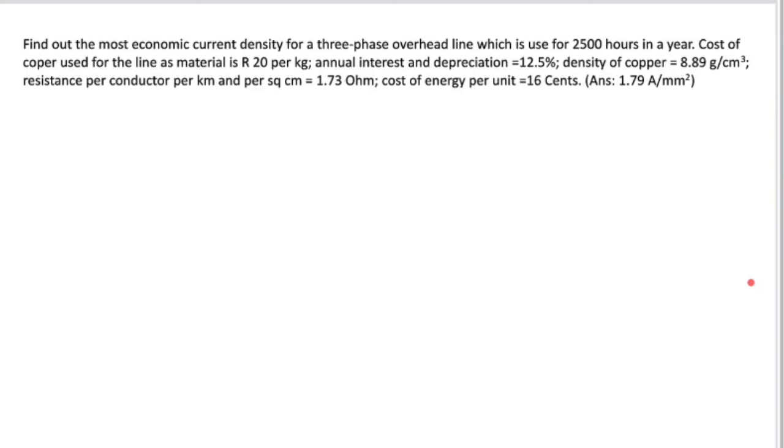The cost of copper is given as 20 rand per kg, annual interest rate and depreciation given, density of copper is given, 8.89 gram per centimeter cubed, resistance per kilometer and per square centimeter is given 1.73 ohm. Cost of energy per unit is 16 cents. So we have to find out the economic current density.